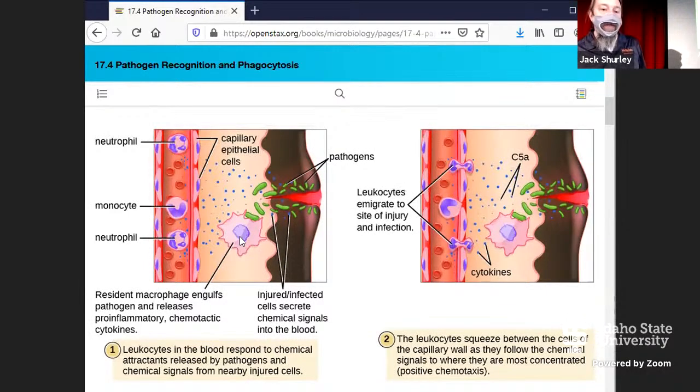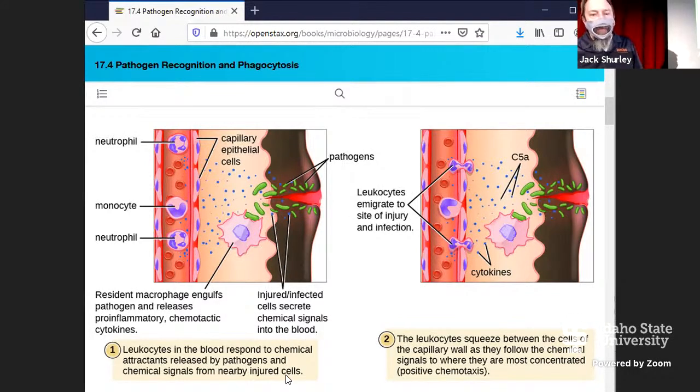Potentially this macrophage sees these guys, whatever sort of pathogen it is, and it initiates this response. It phagocytizes, so you can see right here it's starting to engulf this bacterium. And in the process of finding these bad guys, it starts releasing cytokines, chemoattractants that tell nearby cells we've got a bad guy.